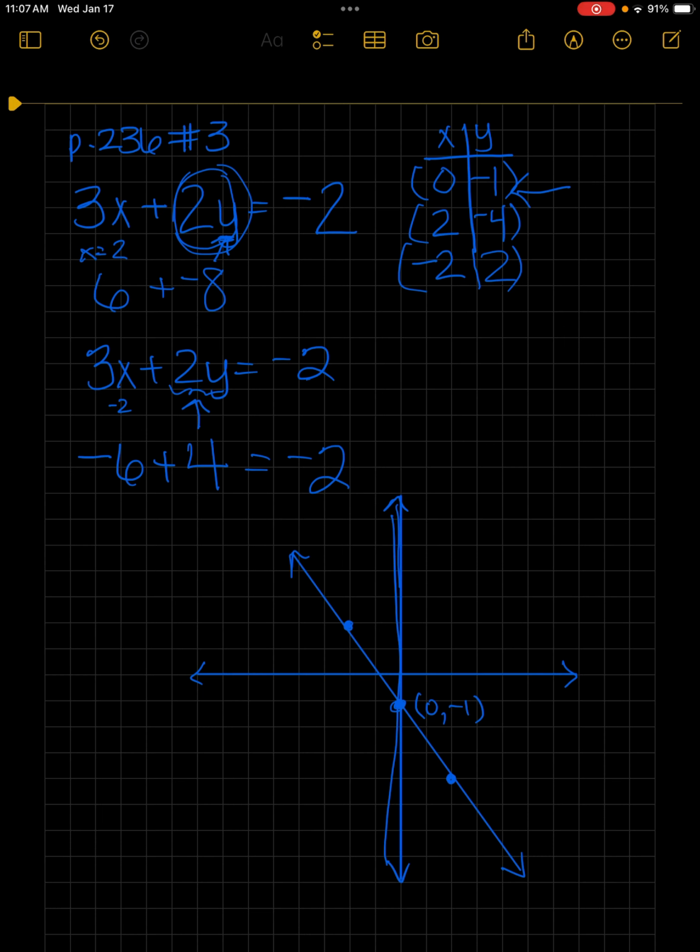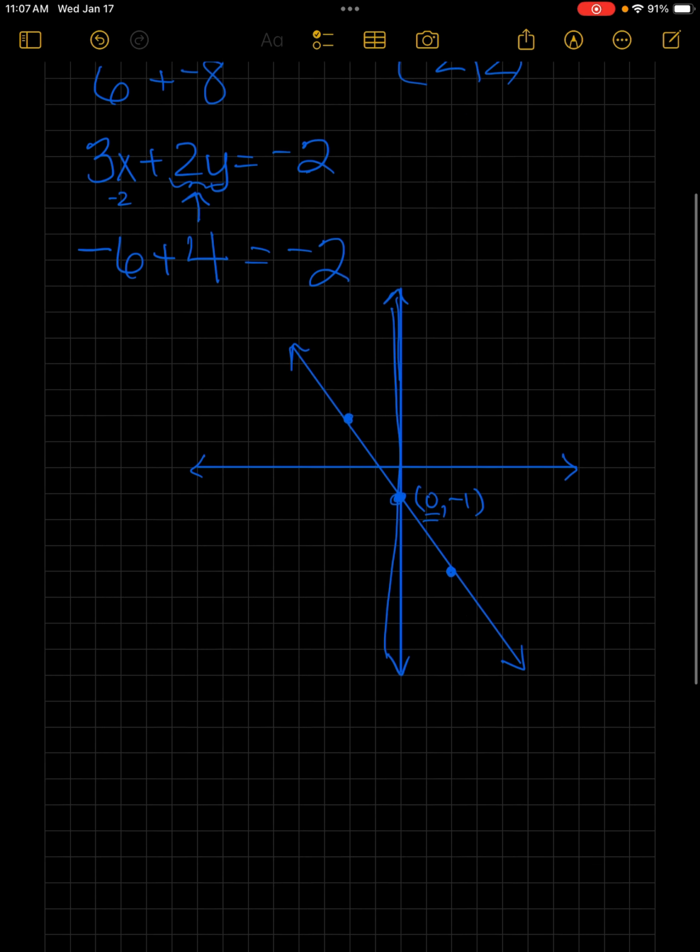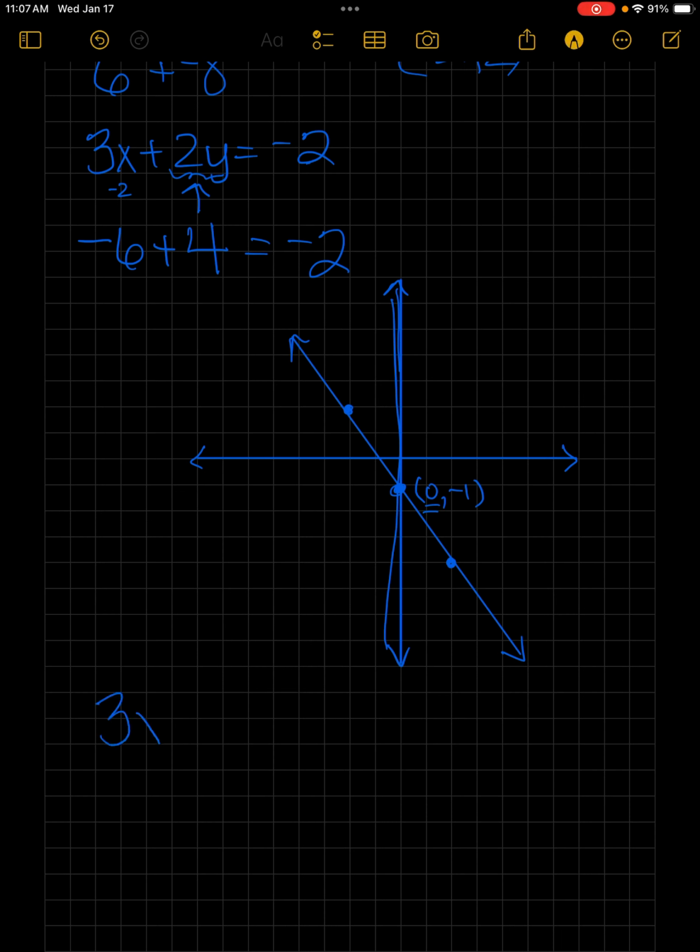Now, the other way to find a y-intercept, it's telling you to graph here, but it taught you in the book how to find it in example 3 in the video. It showed you in example 3 that you can also find the y-intercept by putting 0 for x. So in the problem, 3x plus 2y equals -2, if you put 0 in for x, then whatever you get for y is going to be your y-intercept.